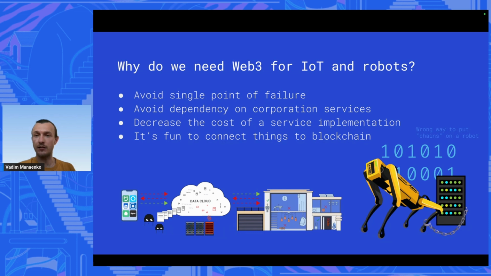It doesn't happen in decentralized networks. You can significantly decrease the amount of money you need to spend on a service you are building. If it's a cloud server, you will need to do many things, and they will charge you a lot. Compared to a distributed system, our fees are much less.